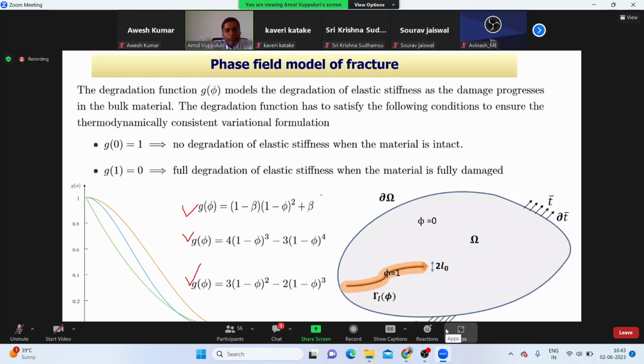You must be wondering what this parameter beta is. Beta is an extremely small parameter, and while doing the simulations, there is some ill conditioning that sometimes comes up. In order to prevent it, this beta is also introduced over there. But any typical degradation function looks like this. It just goes gradually down from 1 to 0. Okay.